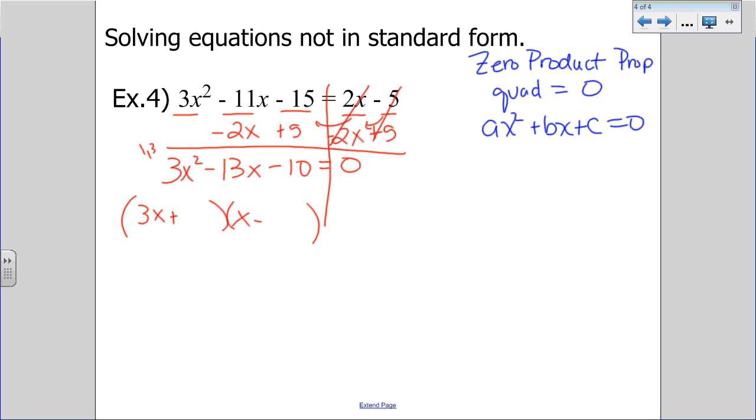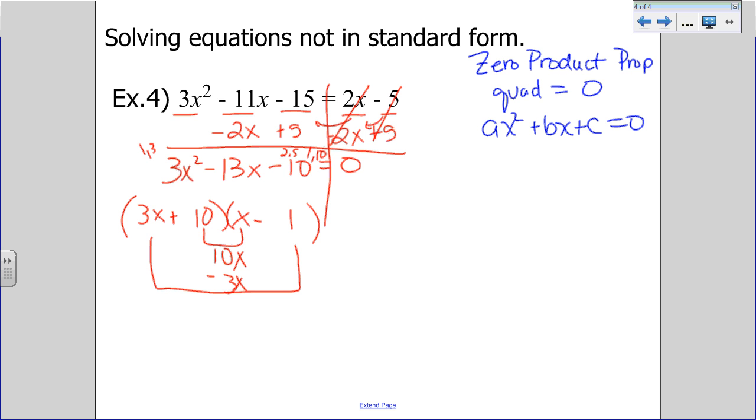Negative 10 is a plus and a minus, and this is 1 and 10, or it could also be 2 and 5. I need to get 13. If I do 3 times 10, that's really too large. But if I do 10 times 1, that gives me a 10x, and this gives me a negative 3x.